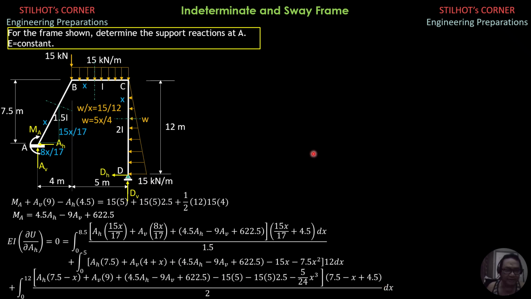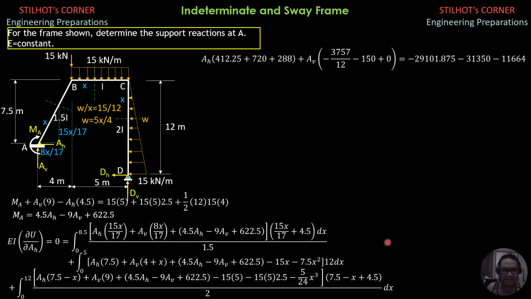So evaluating the coefficients of AH for the first integral, that's 412.25, for the second 720, and for the third, integral of 12 minus x quantity squared, 0 to 12, divided by 2. This is divided by 2 because EI is 2.